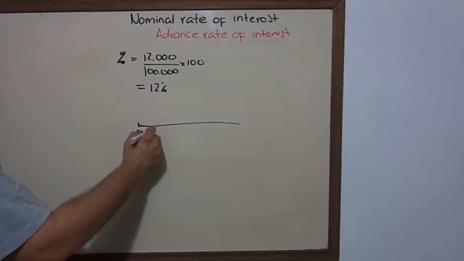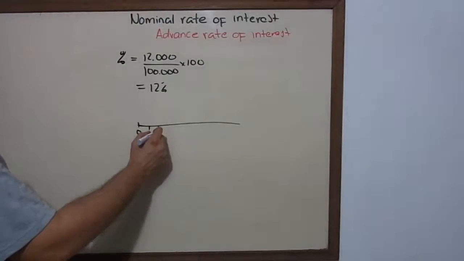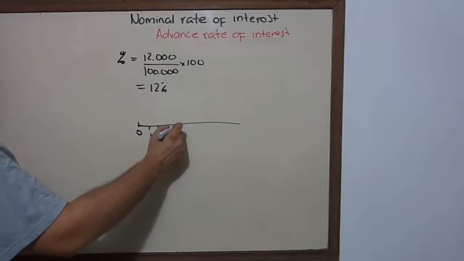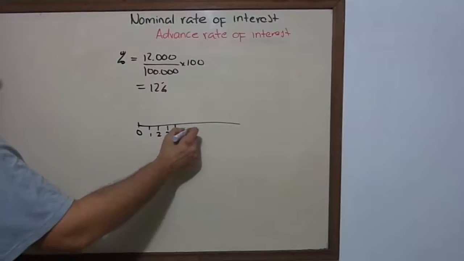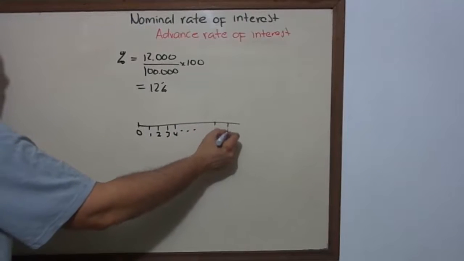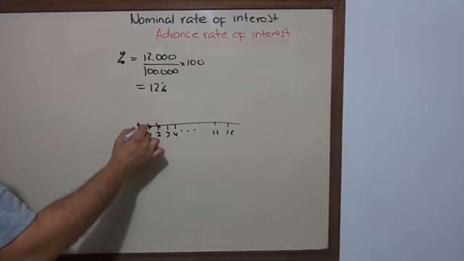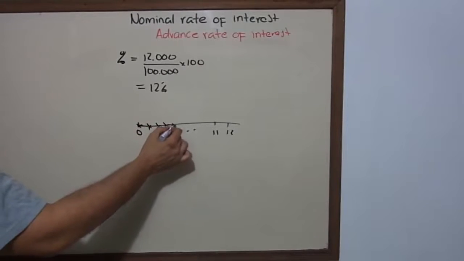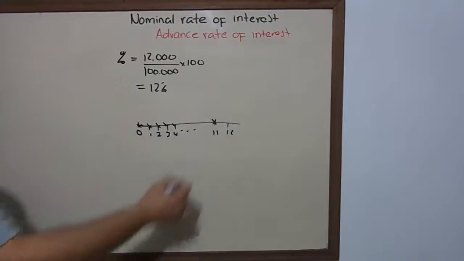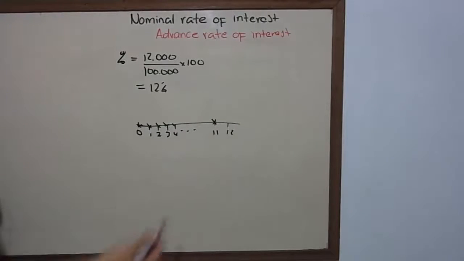We buy here and we get the rent here every single month until 11 and 12 here. There you go. And we receive here in 0, of course, 3, 4, so on and so forth. We get the rent on 11, but there is no rent on 12. See?